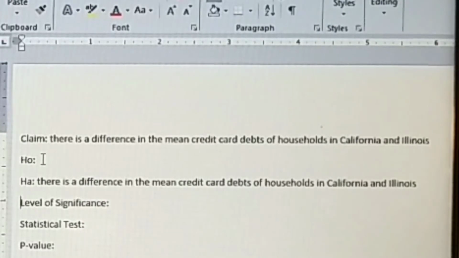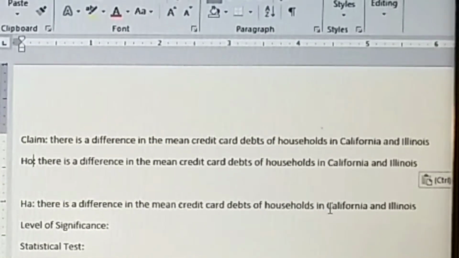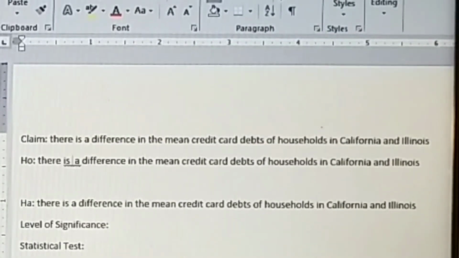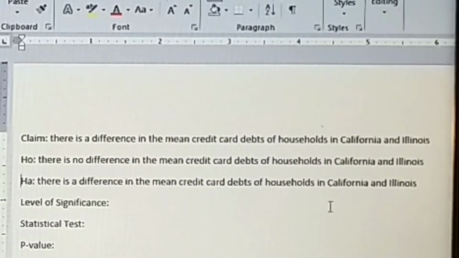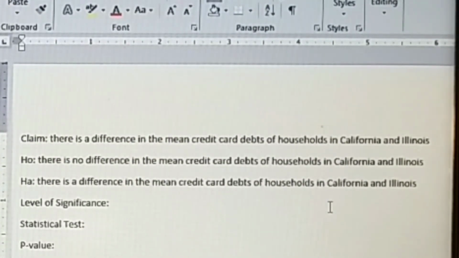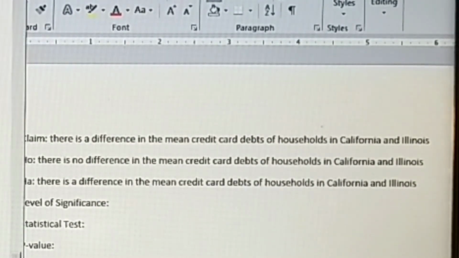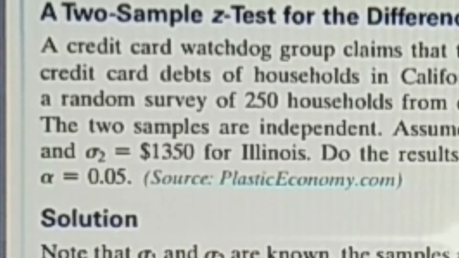And then for H0, we just do the complement of this statement. So that is, there is no difference in the mean credit card debts of households in California and Illinois. Now, for the level of significance, it was stated in the given, we have 0.05.